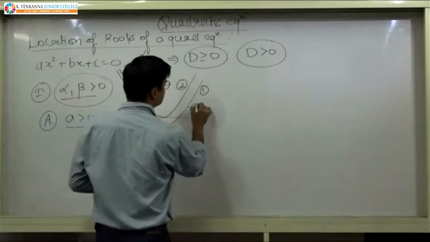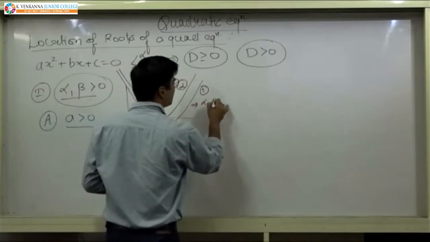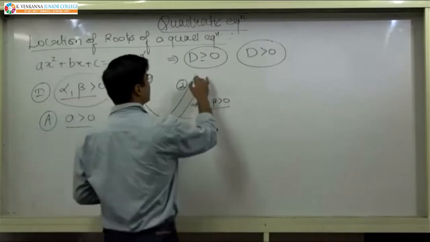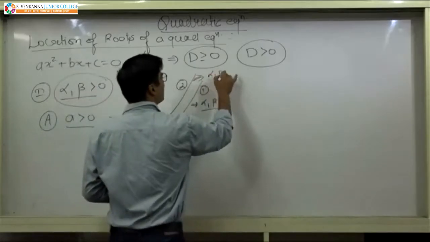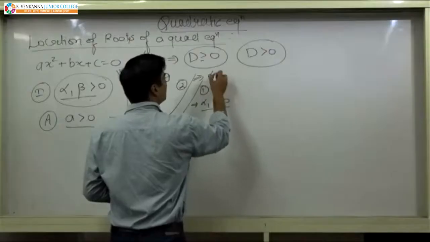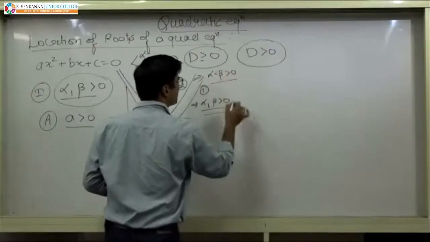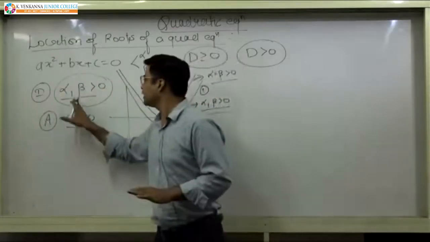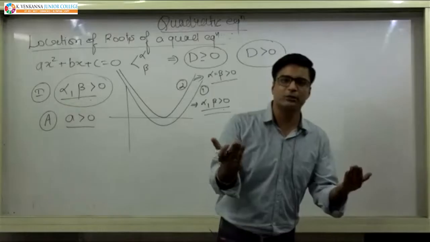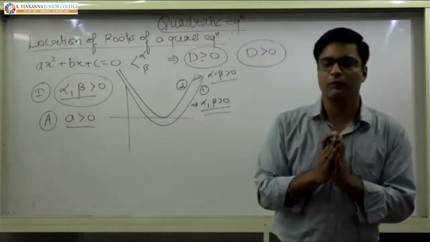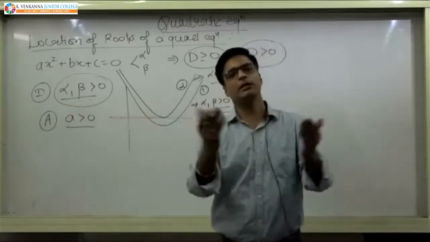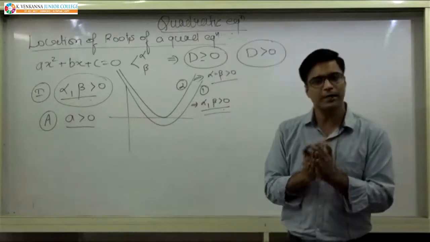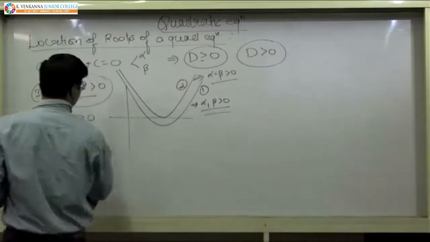The first one says alpha and beta both are greater than 0 and not equal. In the second case, alpha and beta are both equal and greater than 0. Both cases are acceptable because we only want to make sure that alpha and beta are greater than 0. They may be equal, but they have to be positive. That's what we need to make sure. So what did we do?